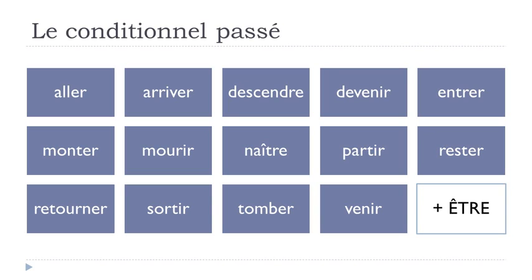So remember, one more time, aller, arriver, descendre, devenir, entrer, monter, mourir, naître, partir, rester, retourner, sortir, tomber, venir. Okay, so remember, you will have to use être with these verbs. As I said, for the conditionnel passé, être should be conjugated at the conditionnel présent. All right, so let's see that.